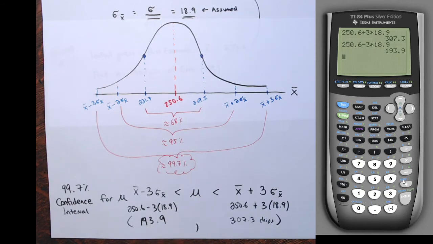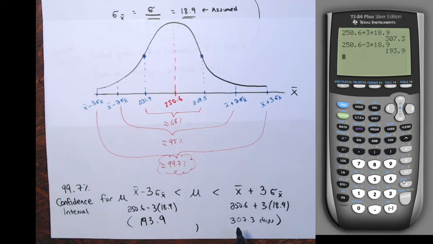So what we would say is we're 99.7% confident, so pretty confident, based on this sample with a mean of 250.6 chips per bag, that the average number of chips per bag in the entire store, for the whole population, is between 193.9 chips and 307.3 chips.